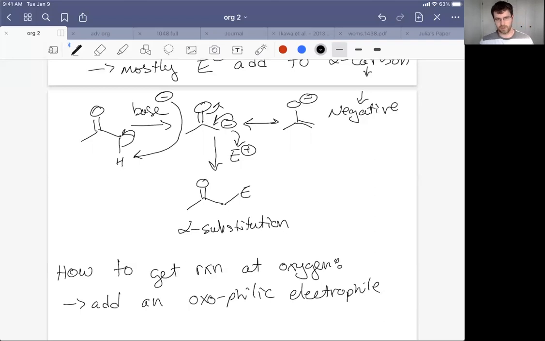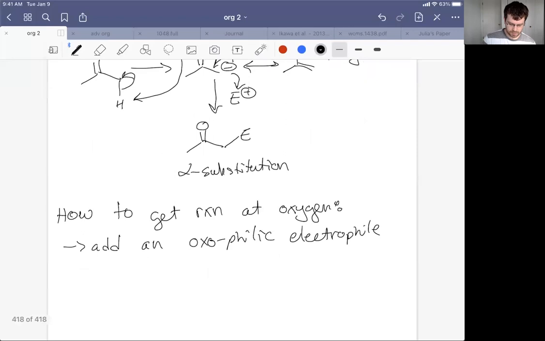And really the only one I want us to be somewhat aware of is if you have a silicon with a halogen atom attached to it. So I'm going to put 3 CH3s, 3 methyl groups on the silicon atom, and we're going to let that react with our enolate structure.